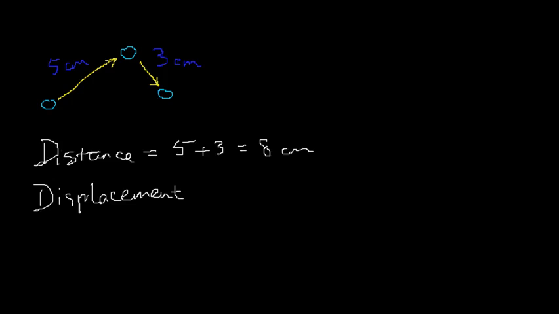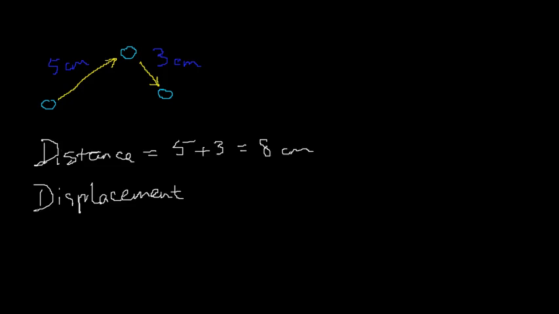That means that we shouldn't just add the two lengths. We shouldn't just do 5 plus 3 is equal to 8. The reason we shouldn't do that is, what about the direction?